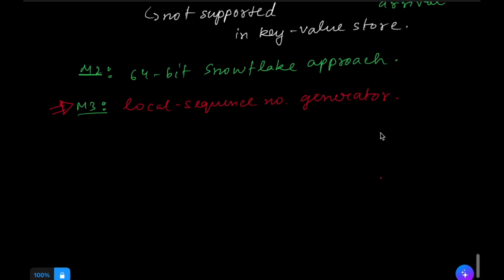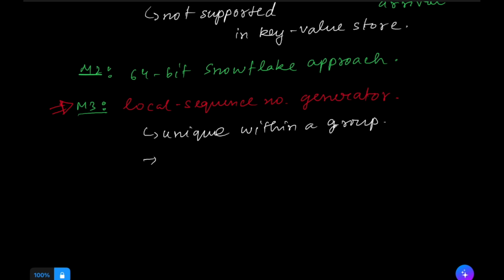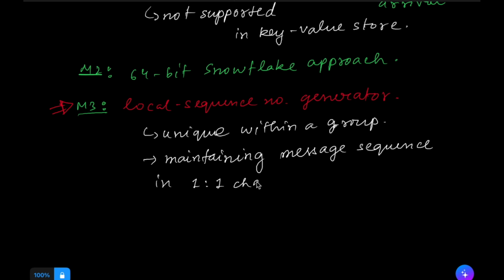These are IDs which are unique within a group, and maintaining message sequence within a 1:1 channel or group channel is sufficient.